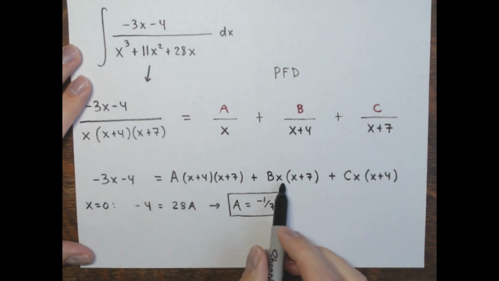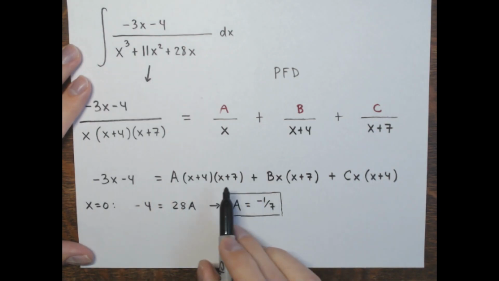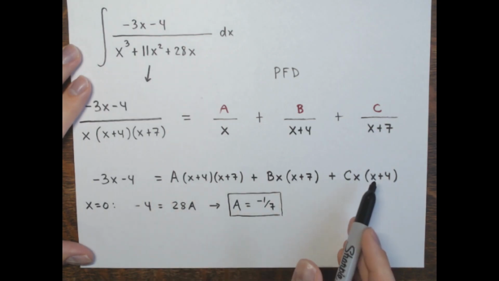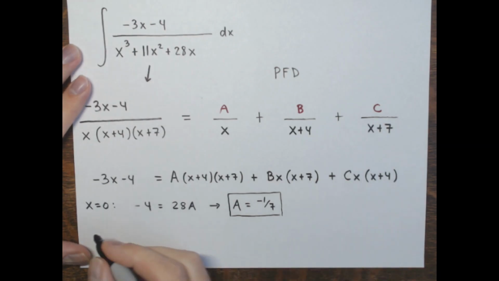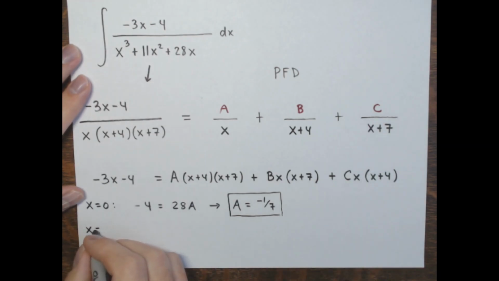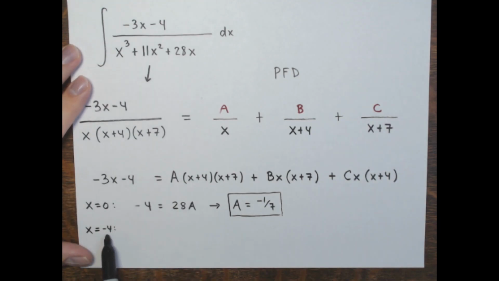And if I want B, to get rid of the A term and the C term, I would have to replace x with negative 4. So let's do that. A clever substitution here would be negative 4. Now, if x is negative 4, negative 3 times negative 4 is positive 12, minus 4 is 8. The left side would be 8.